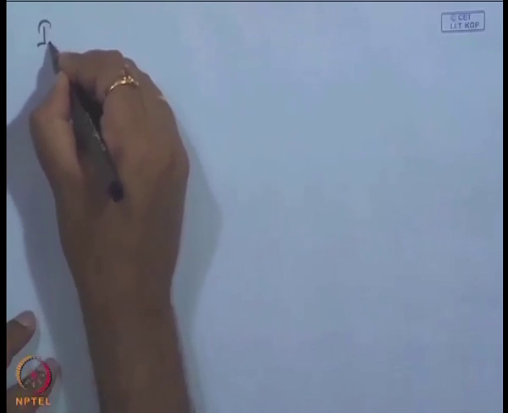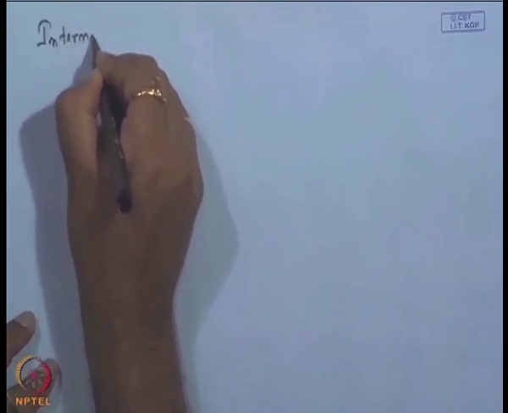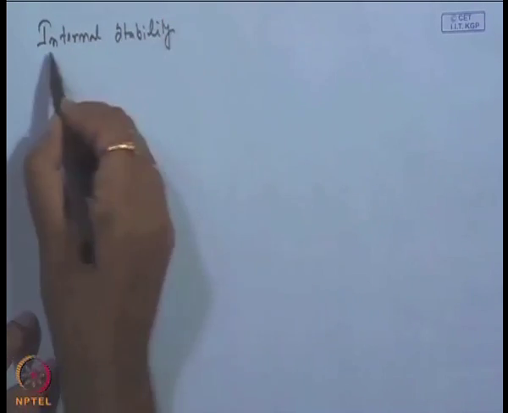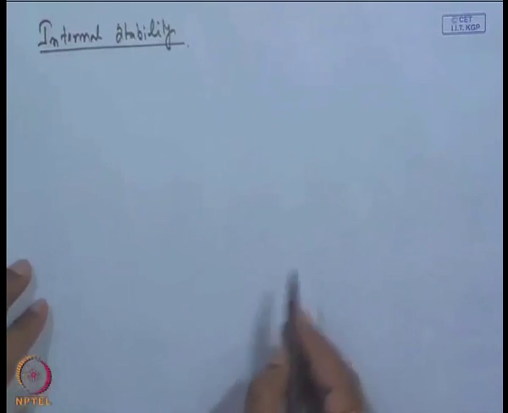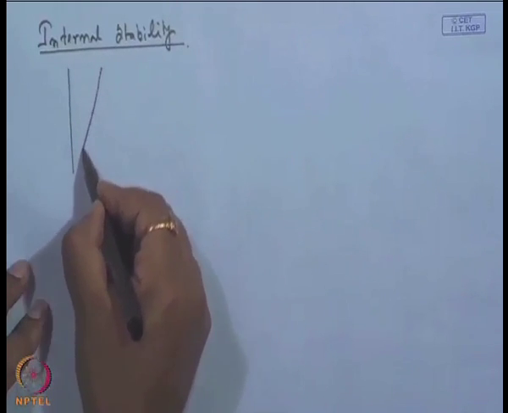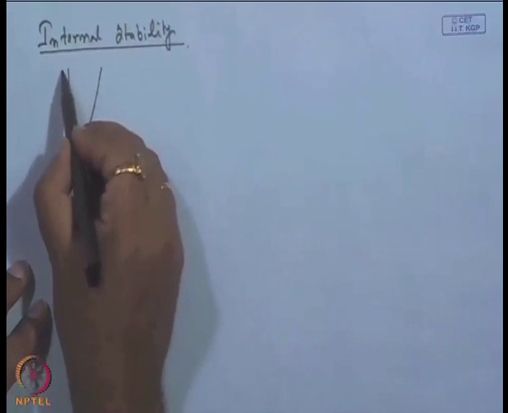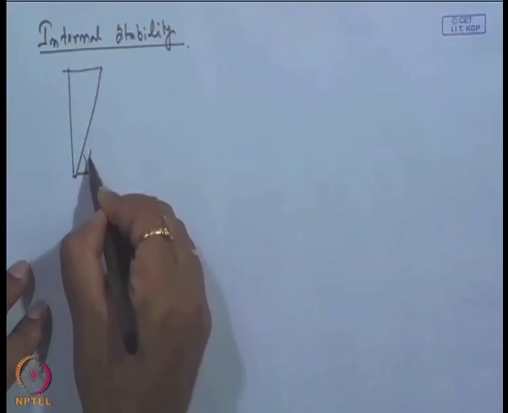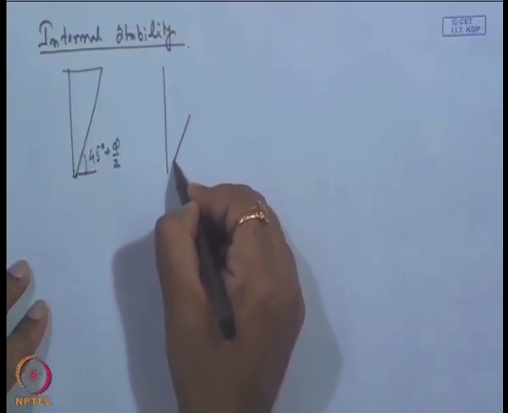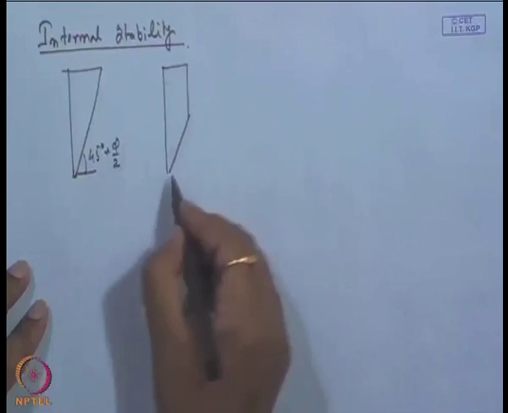Now, the next part is the internal checking of the reinforced wall, that means the internal stability checking. It has already been discussed for the design criteria. This is the failure pattern for 45° plus phi/2, and this is another failure pattern for these two different types of reinforcement.